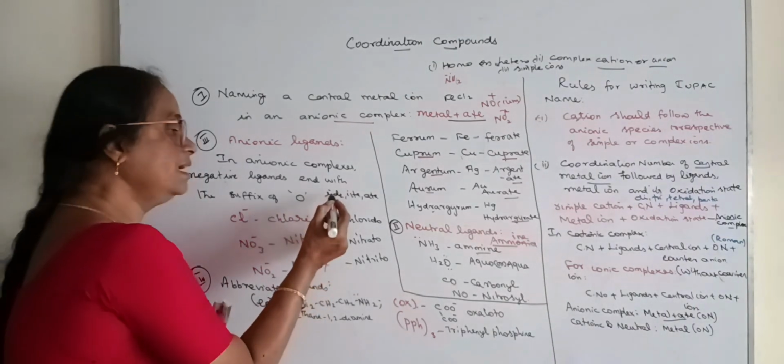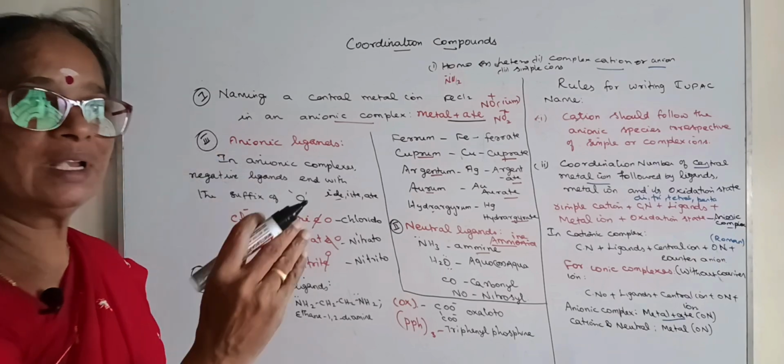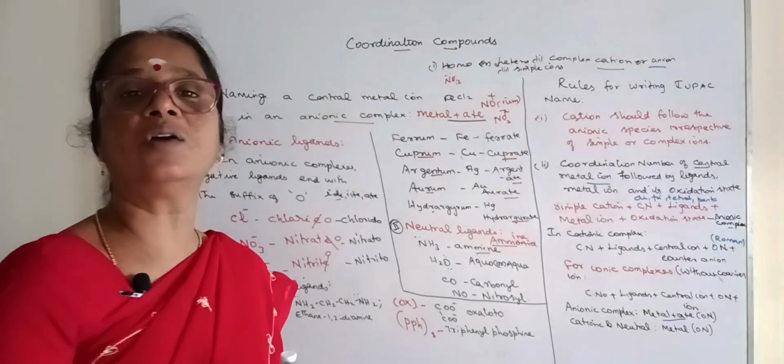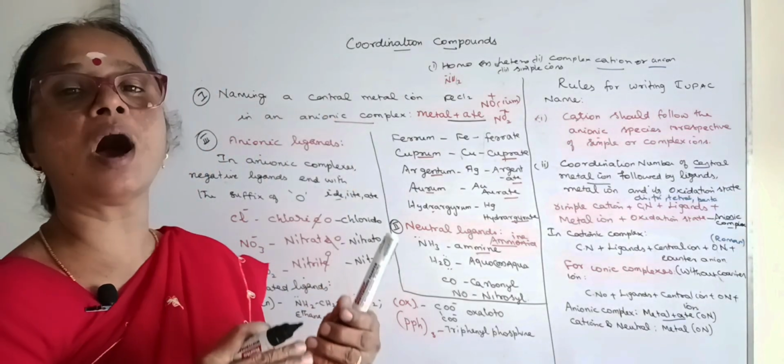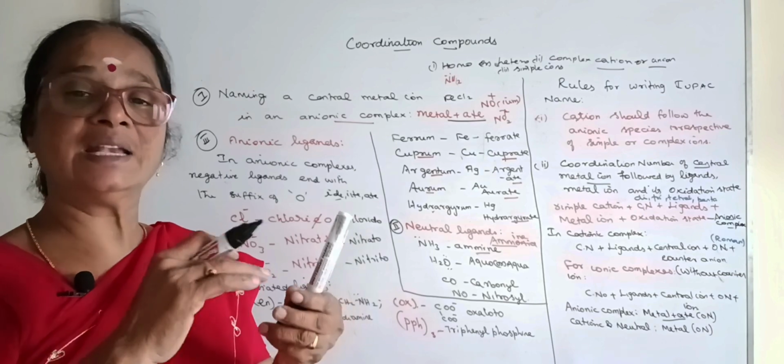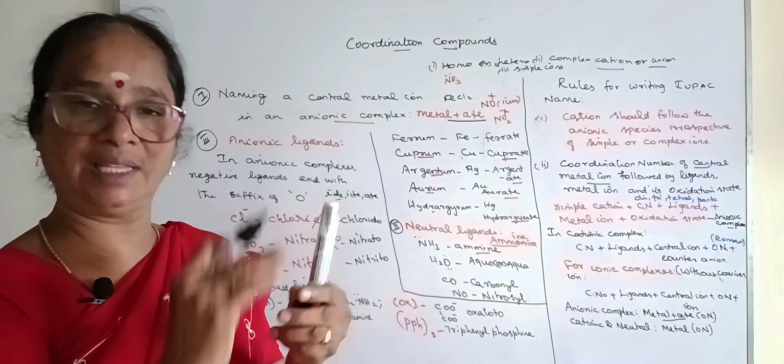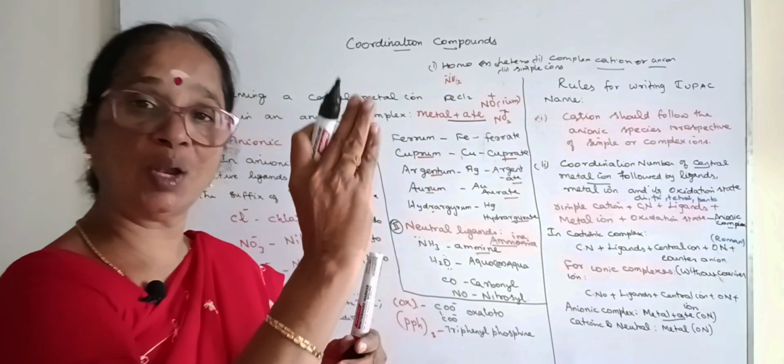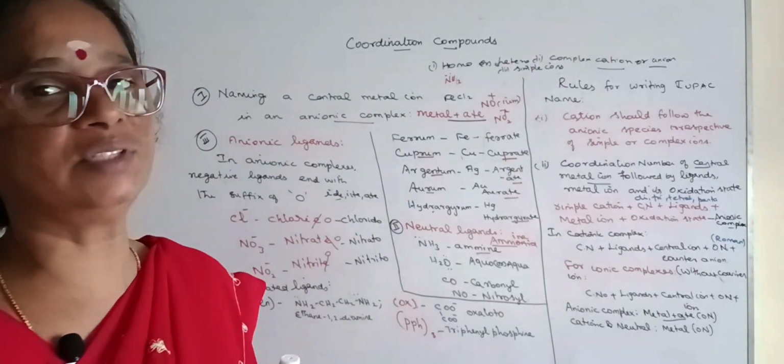The -ide is usually given for the elemental form of anions, for example oxide, sulfide, nitride, chloride, where only that element alone carries the negative charge.